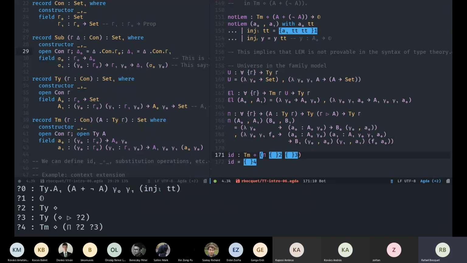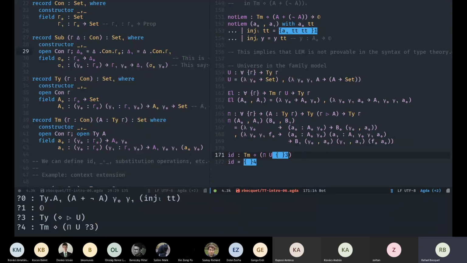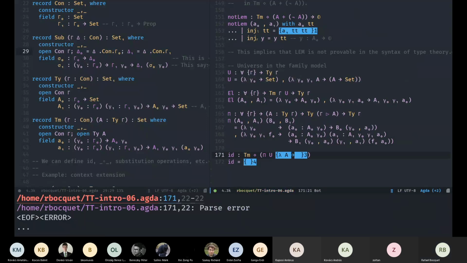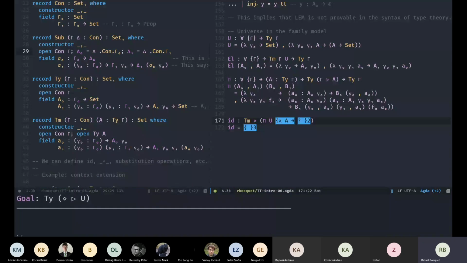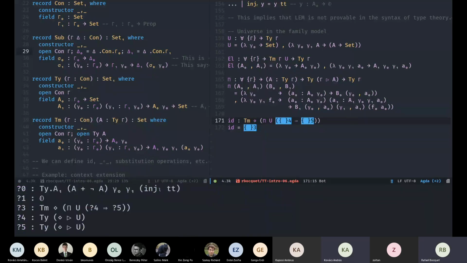And the polymorphic identity function should depend You can also write it out explicitly.